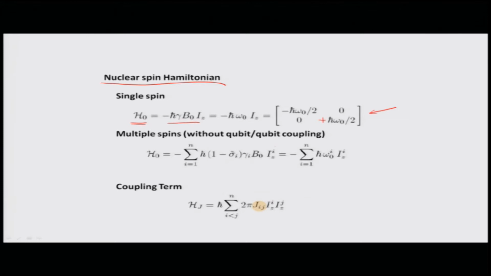For multiple spins without coupling, it can simply be written as a sum of the same form, where delta i is the shielding due to each of them. This is the shielding, as we had discussed, due to the other electrons present, and we can have the final Hamiltonian in the same format.